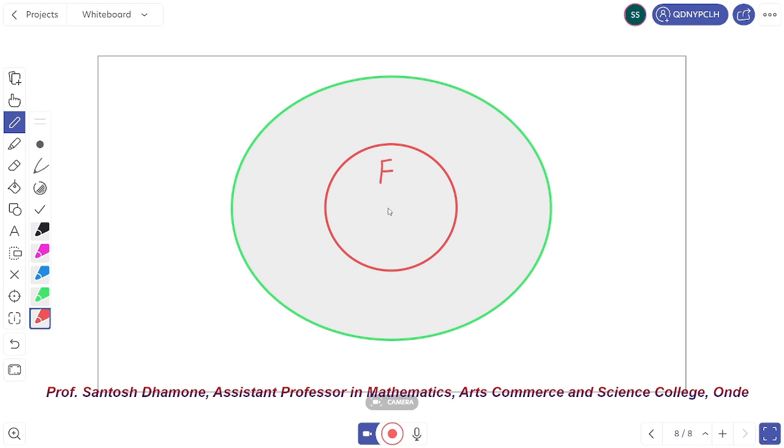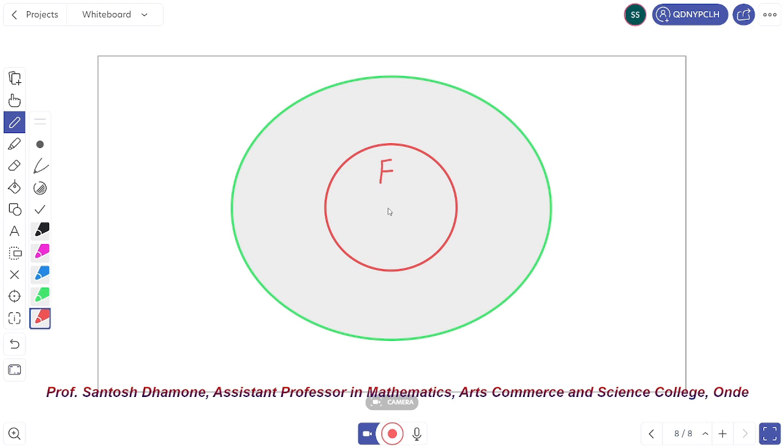We will prove that the open ball about P with radius R is contained in F complement. To show that F complement is open, we have to prove that an open ball about point P with radius R is contained in F complement.